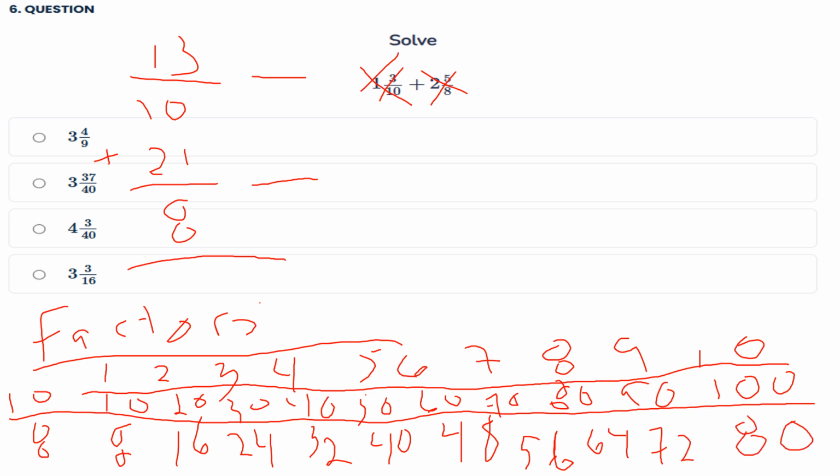So once I do that, now I need to find out which number they have in common. And the number that I see that they have in common is 80. So this is the lowest common denominator. So we put our 80 there.